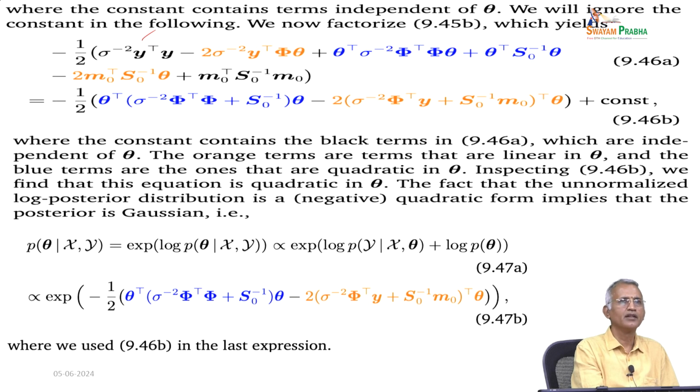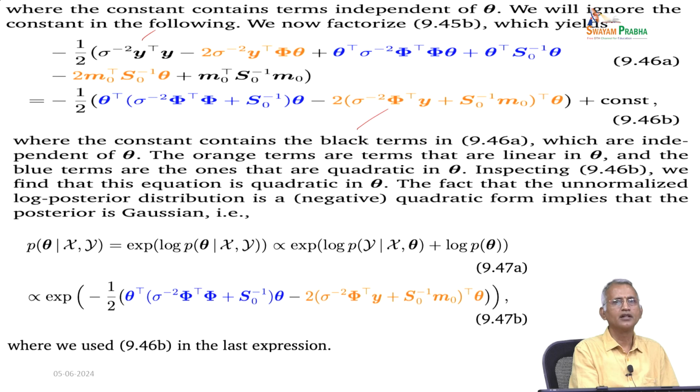Which is equal to minus half into theta transpose (sigma to the power minus 2 Phi transpose Phi plus S naught inverse) theta, minus 2 (sigma to the power minus 2 Phi transpose y plus S naught inverse m naught) transpose theta, plus constant, where the constant contains the black terms which are independent of theta.